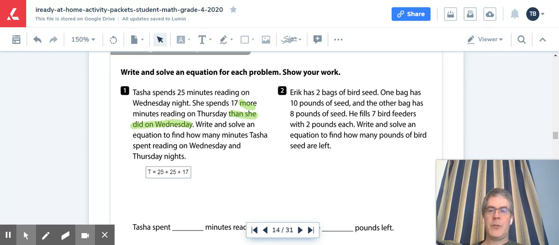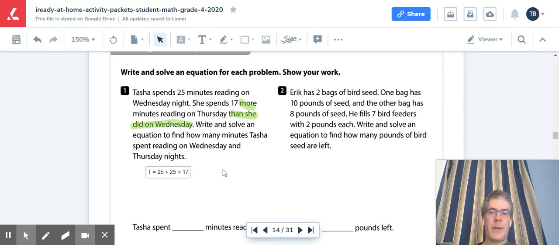There are other equations that you could come up with. See if you can come up with a different one from mine. Number two, try that on your own. I think you should be able to do it.